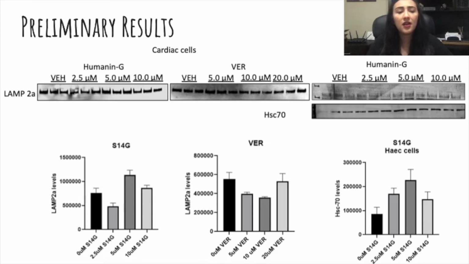So for both the cardiac and the endothelial cells, for LAMP2A and for Hsc70, we can see from the image that at about 5 millimolar they have a darker, thicker line, which indicates higher levels of protein. We're not going to talk about the imaging for LAMP2A for endothelial cells treated with humanine, because it was very blurry and very hard to see and quantify.